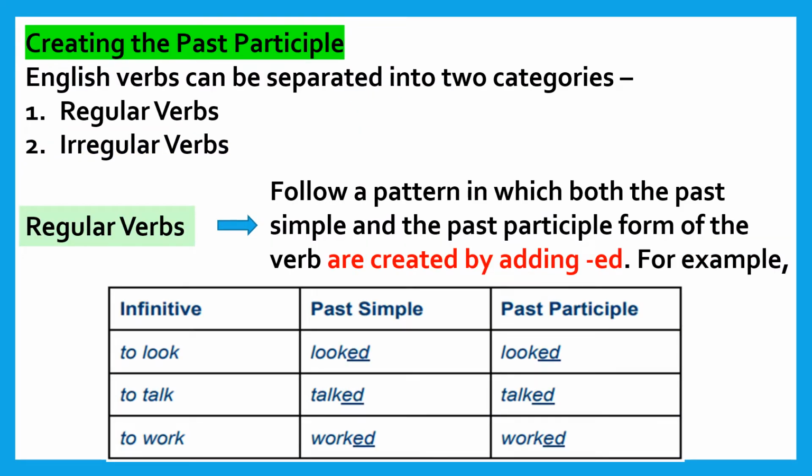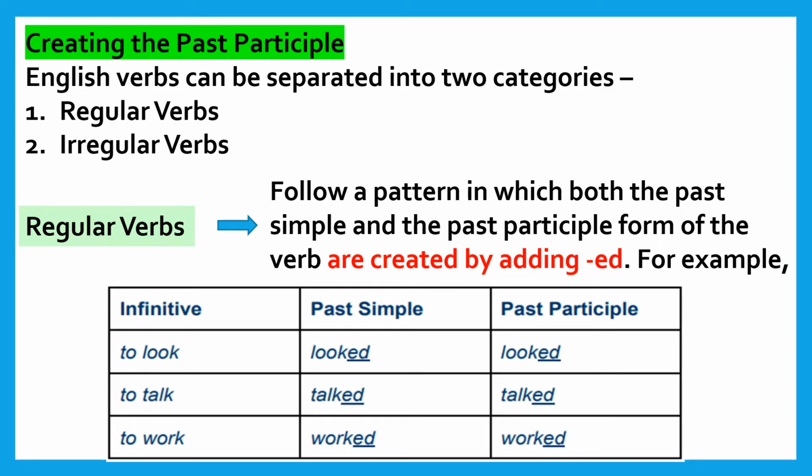Creating the past participle. English verbs can be separated into two categories. One, regular verbs and second, irregular verbs. Regular verbs follow a pattern in which both the past simple and the past participle form of the verbs are created by adding an ed at the end of the verb.